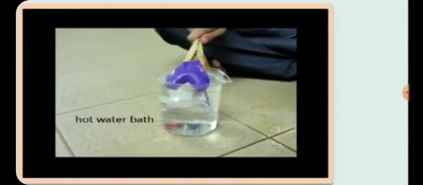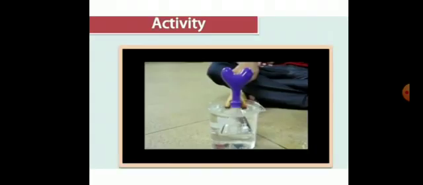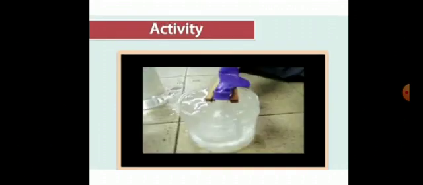A balloon is tied to the neck of a glass bottle, and it is kept in a hot water bath. What will happen? The balloon gets inflated. Why is it so? The air which is trapped inside the balloon expands, and so the balloon gets inflated. So air expands due to heating, due to hot water present in the beaker.